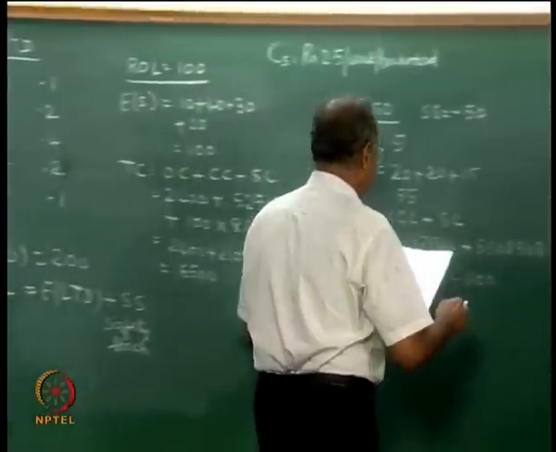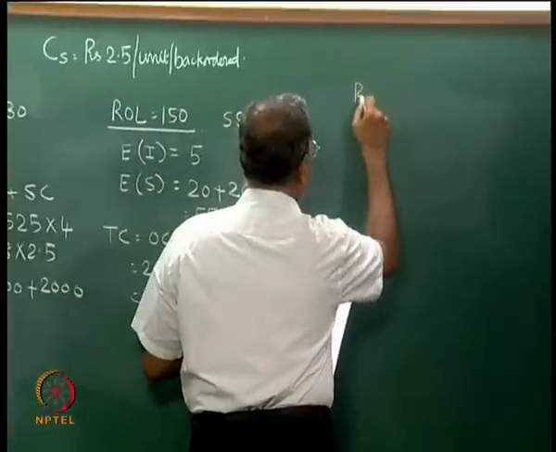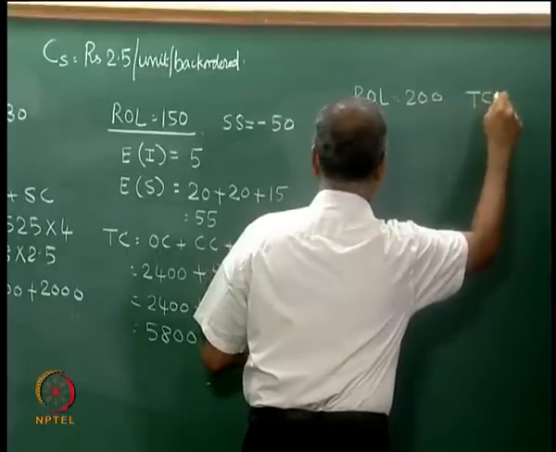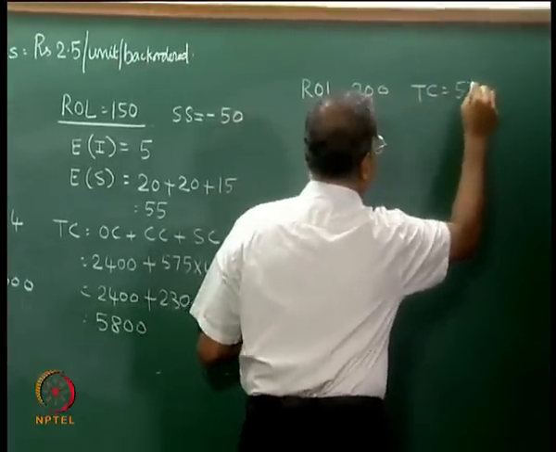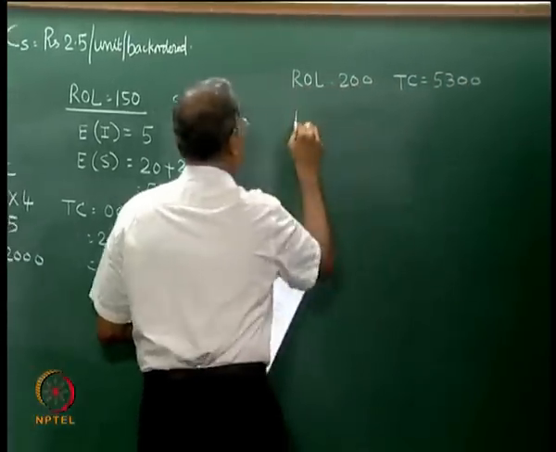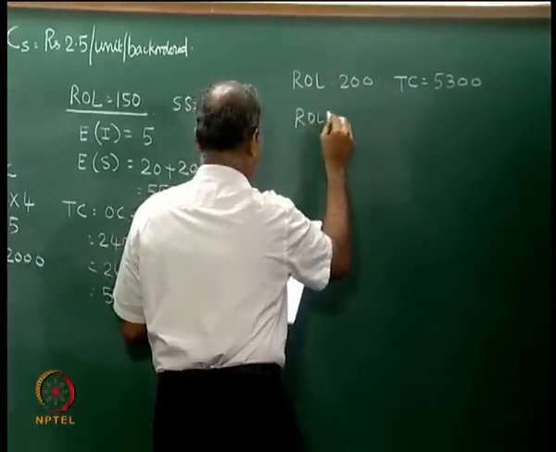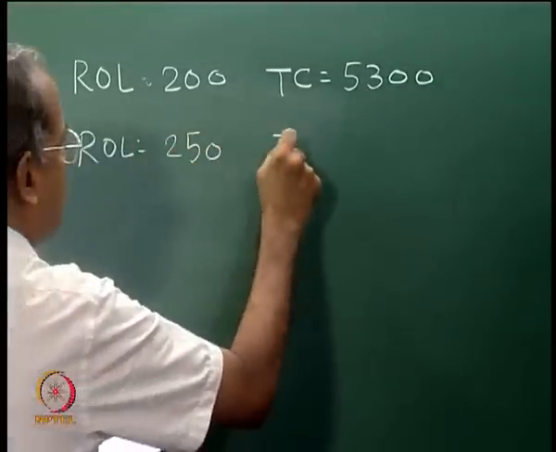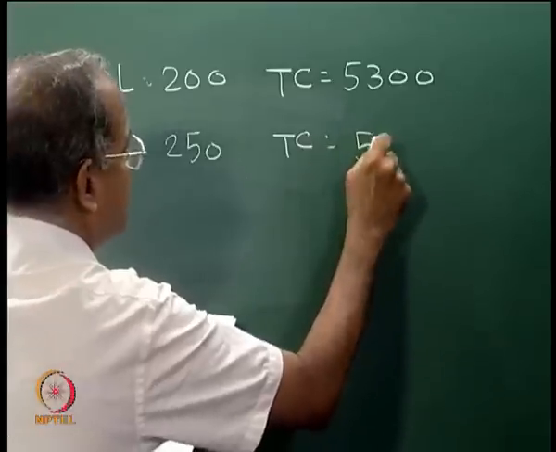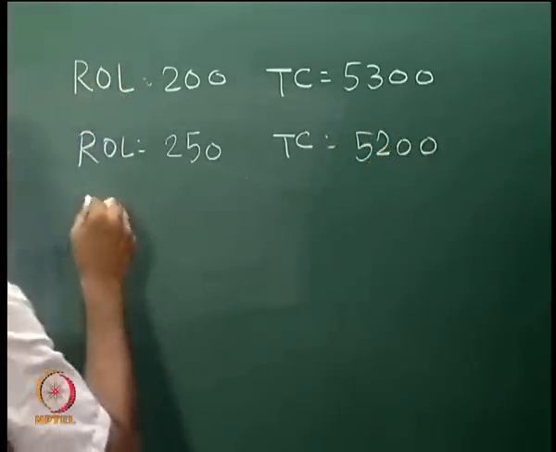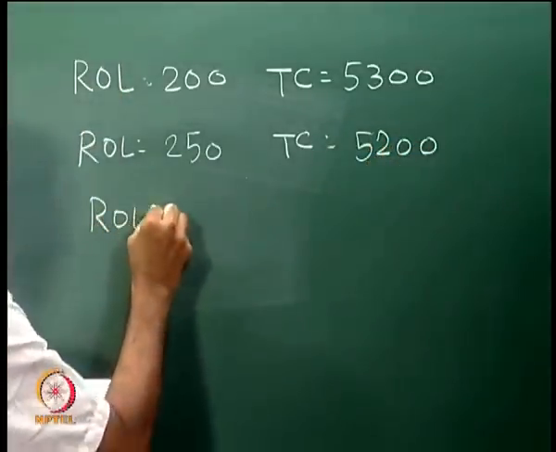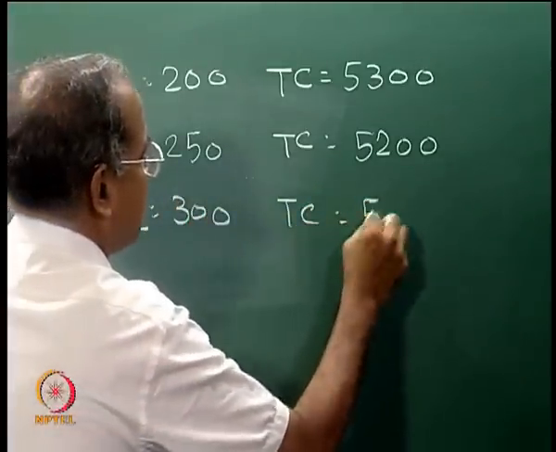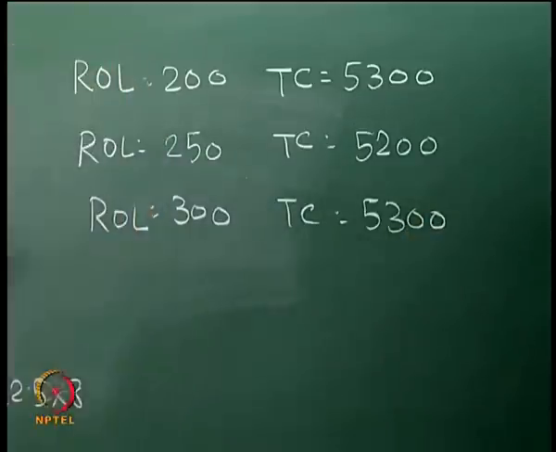So similarly, if we compute for 200, 250 and 300, if we do those computations, we get, if ROL is 200, we would get total cost equal to 5300. If ROL is equal to 250, our total cost is 5200, and if ROL is 300, our total cost is 5300 per year.